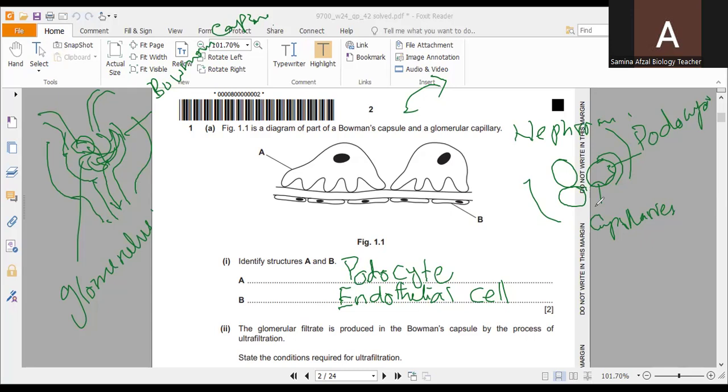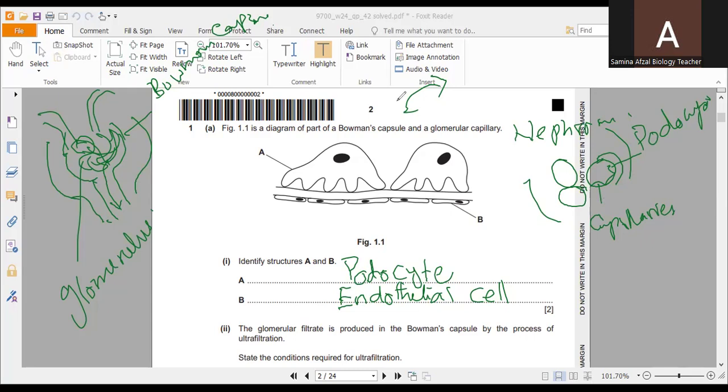Second is the endothelial cells, which form a single layer lining of blood and lymphatic vessels, and their function is to control the opening and closing of arteries, which in turn determines blood pressure and how hard the heart has to work. These are part of the excretory system, part of the nephron. So: podocytes and endothelial cell.